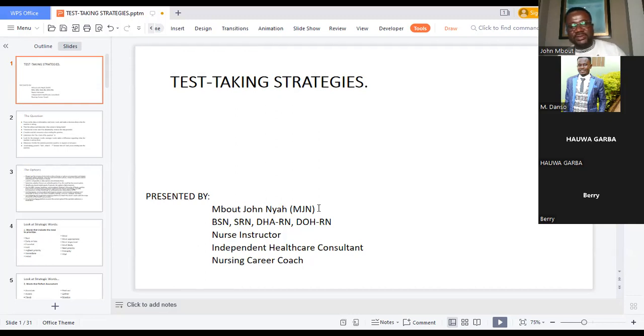The strategies apply to all the examinations you are preparing. And in the UAE, most of us are preparing for MOH, Ministry of Health and Prevention, Dubai Health Authority, Department of Health Abu Dhabi, and for those who are preparing for NCLEX US or UK-CBT, the strategies will help you.